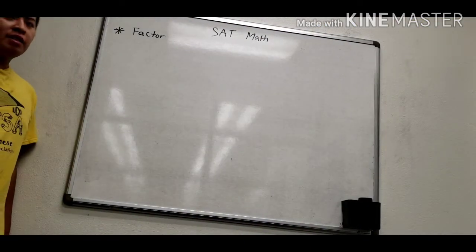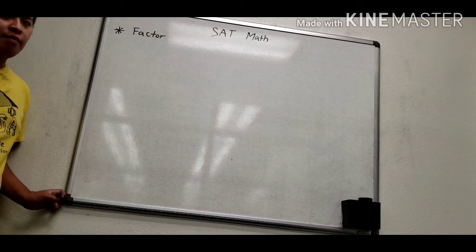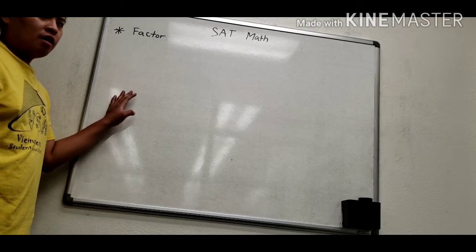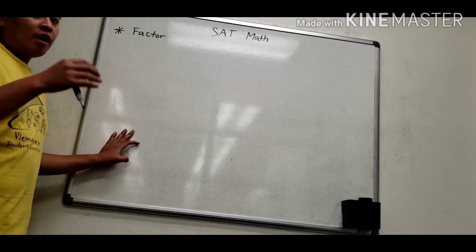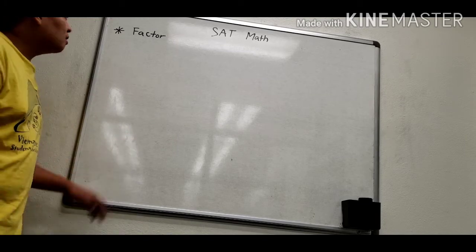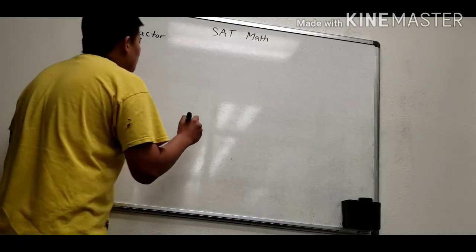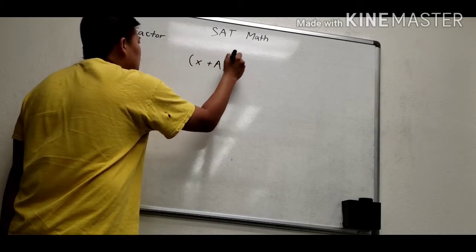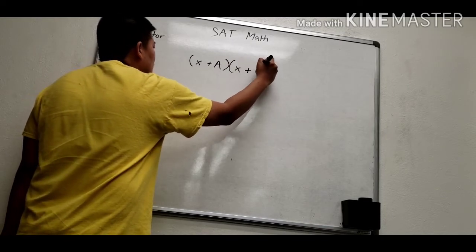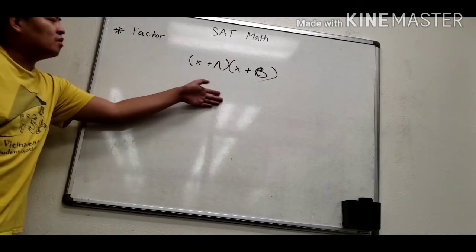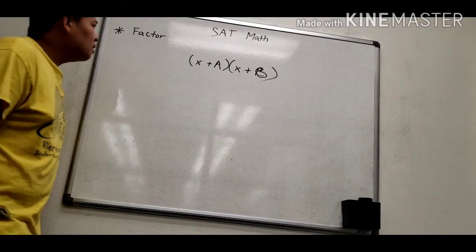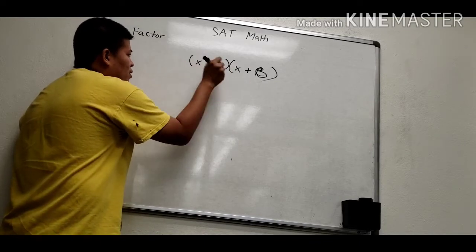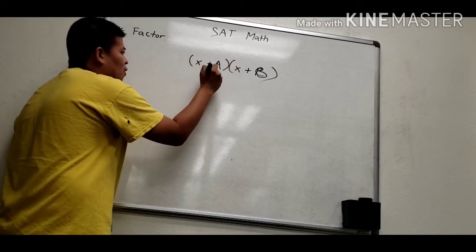I will talk about the factor. Factoring is so important in SAT math, because when we work with fractions, factoring can help you simplify the numerator and denominator. For example, the basic formula. Last, we call it the factor, and in here if we multiply together we use FOIL.